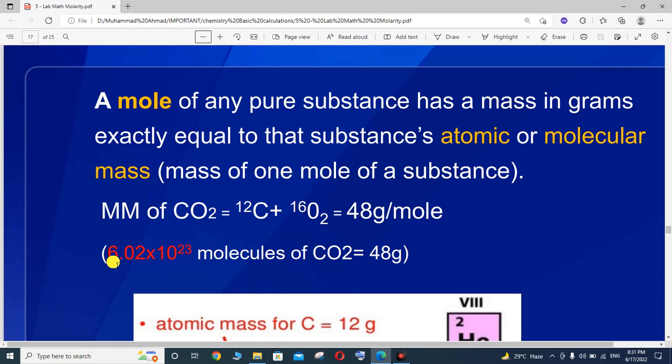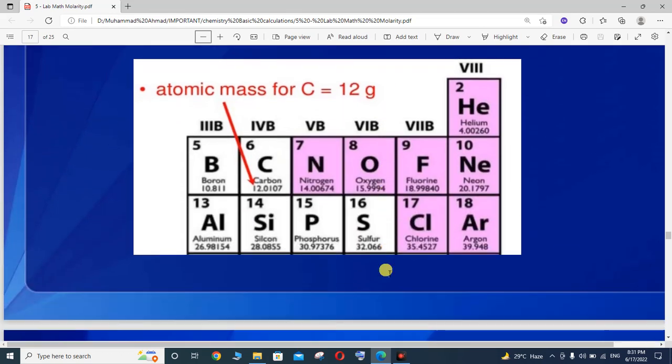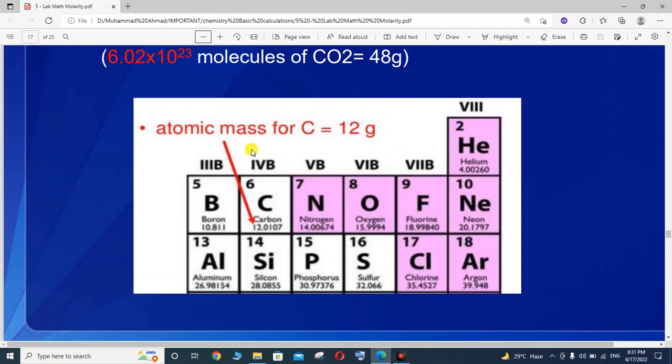Now it means that 1 mole of every substance contains 6.023 multiplied by 10 raised to power 23 particles. So this is the Avogadro constant, 6.02 multiplied by 10 raised to power 23 molecules of carbon dioxide, which is equal to 48 gram. Now let's come here. This is the periodic table. The atomic mass of carbon is 12. How will you find the molecular mass?